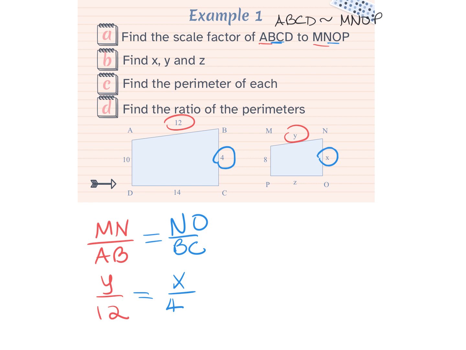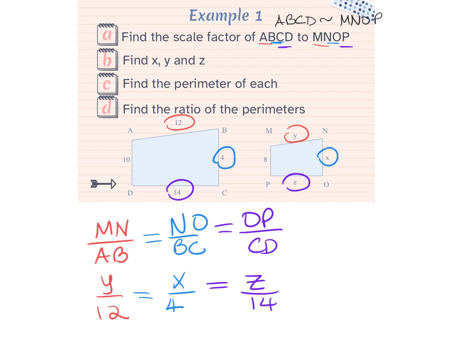So now let's go to the next two, the CD and the OP. OP over CD. OP is Z. CD is 14. I still don't have both sides with a number yet, so I still haven't found my scale factor. So now let's try the last one. I've got the MP, which is the first and the last, matching with the AD.